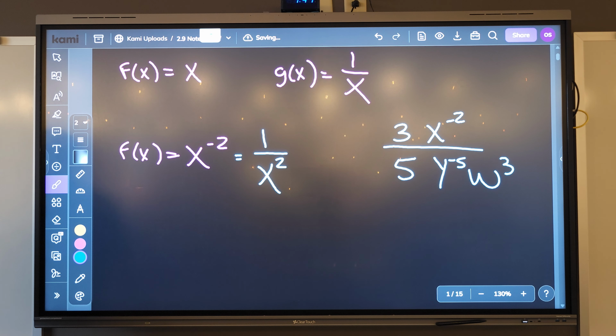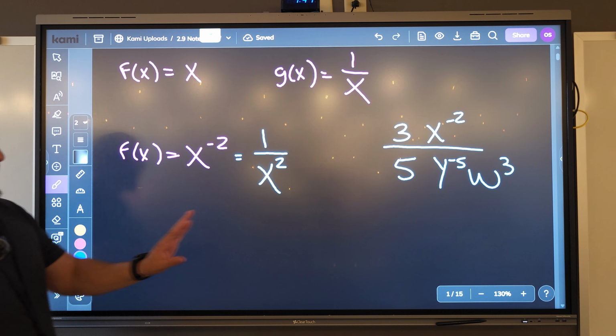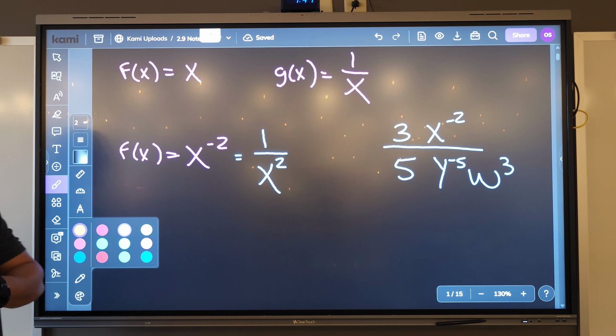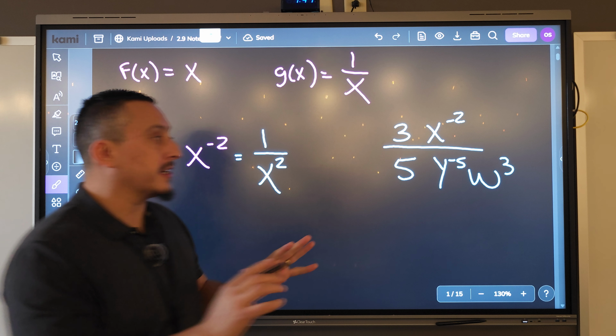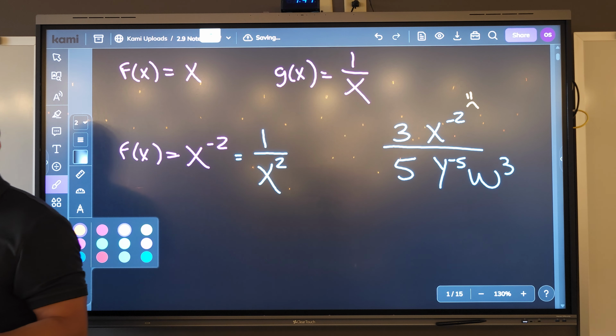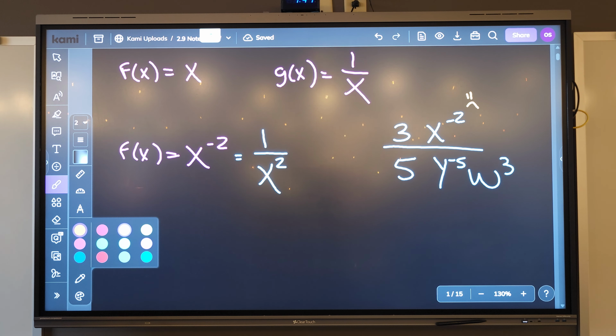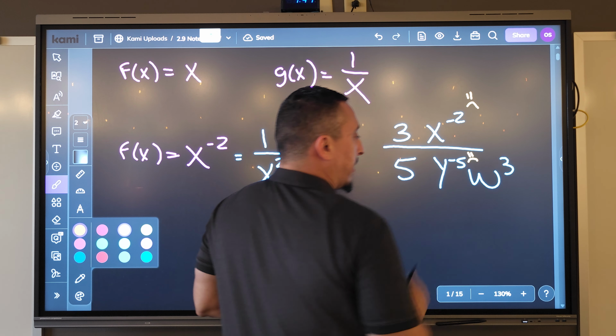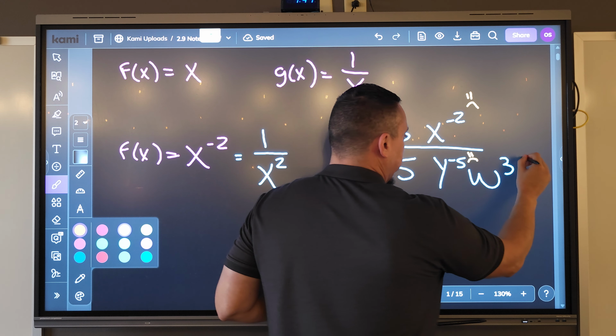Okay, just a quick example. This is a typical Algebra 1 problem to see if you understand what a negative exponent means. Just think of negative exponents as being unhappy, like if you're in a negative mood, right? I'm in a negative mood today, everything's going wrong, so sad. Positive powers are happy.